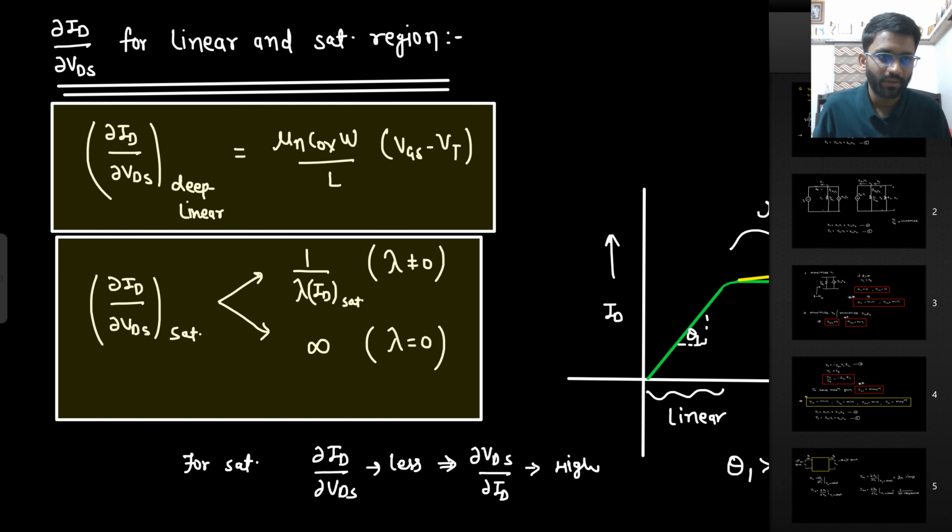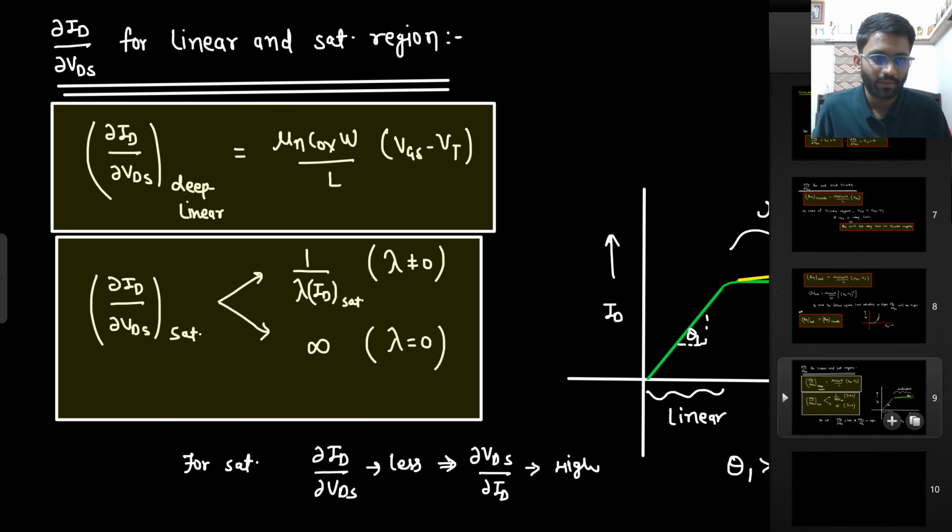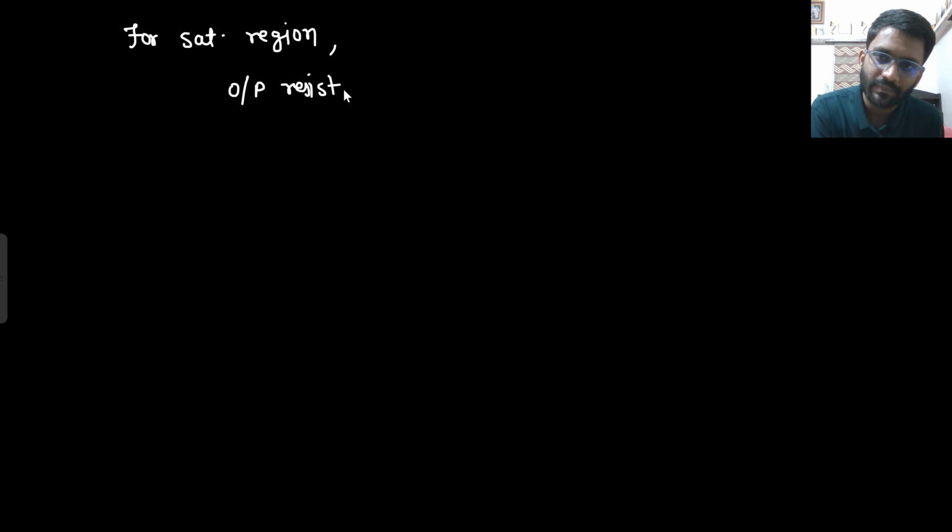What you can conclude here is that for saturation region, output resistance is high.